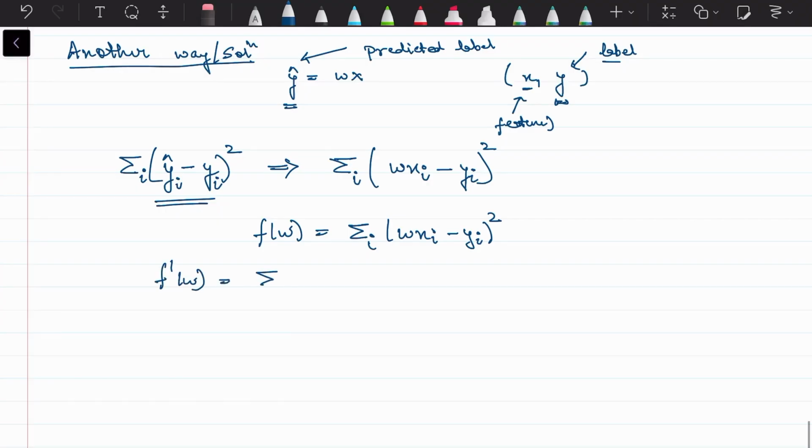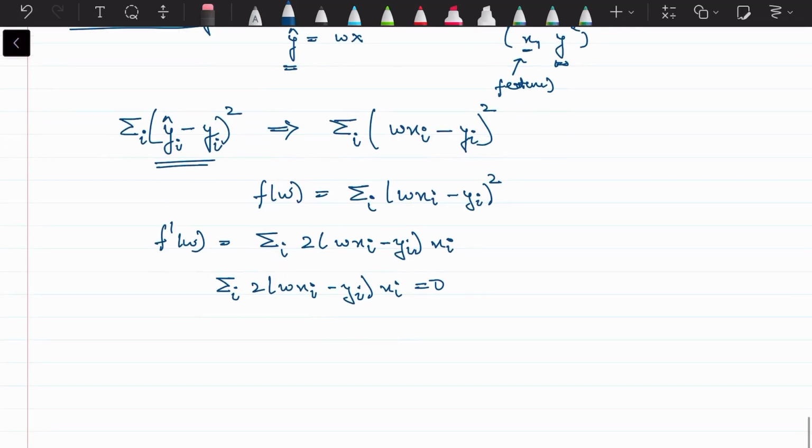When we want to find the minimum value, we can differentiate it with respect to w. So the differentiation would be this. And now to find the minimum value, we can equate this entire equation to 0, and let's try to solve this particular expression.